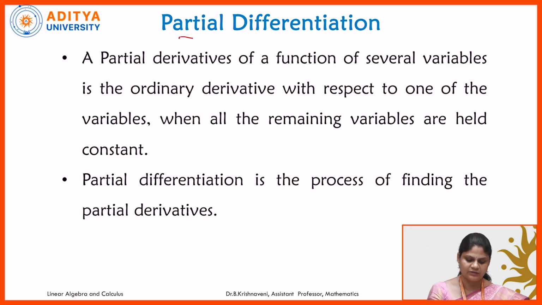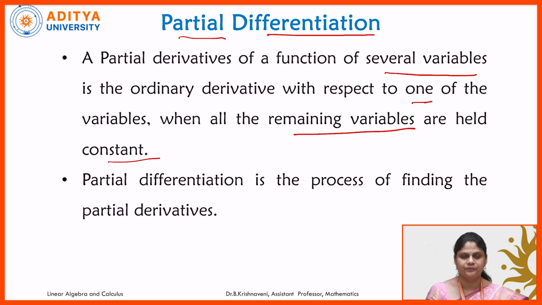First, we will start with partial differentiation. A partial derivative of a function of several variables is the ordinary derivative with respect to one of the variables when all the remaining variables are held constant. It is a derivative with respect to two or more variables. In an ordinary derivative, we deal with a dependent and an independent variable.